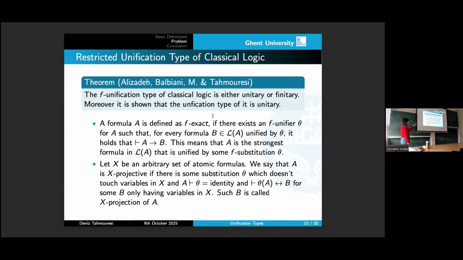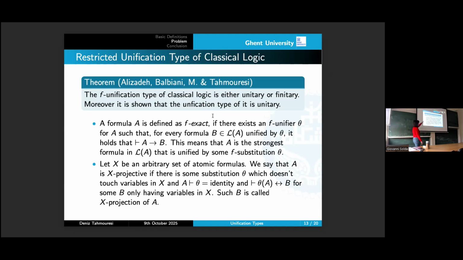And we also have another main idea to prove that, and that is X projection. If we have X a set of atomic formulas, A is X projective when there is a substitution that doesn't touch any variable in X, and according to it, theta X is equal to X, and theta A is equivalent to B, where we only have variables in X. And this is the notion of X projection.